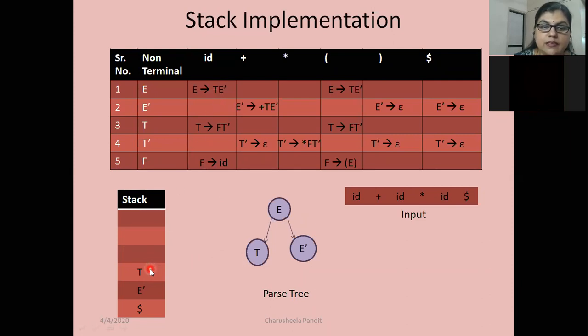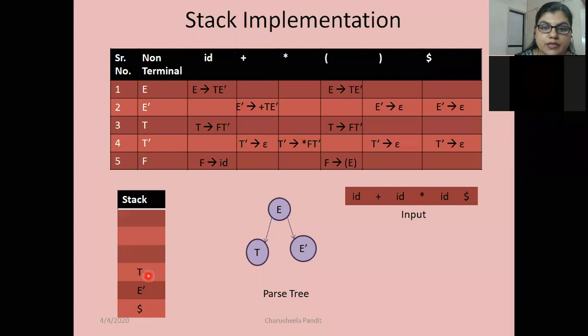T is on the top of the stack and E dash is after that. E dash is coming after T in the production, similarly E dash is coming after T in the stack also. So we have to push E dash first so that we could have T on the top of the stack.